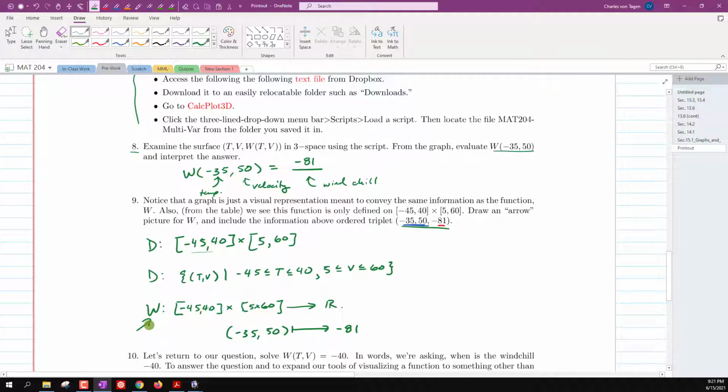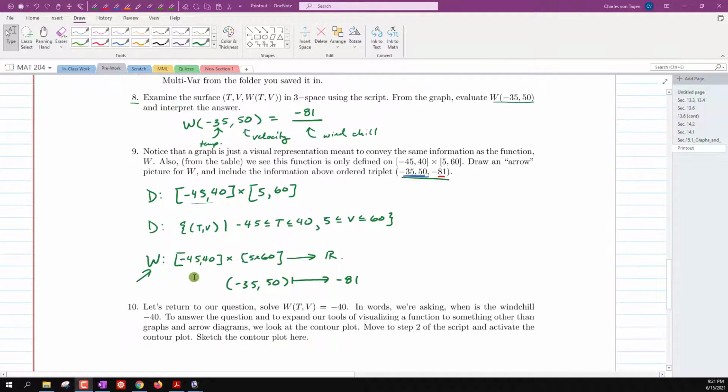Okay. So hopefully that clarifies some of this notation that we're going to use for domain for our multivariate functions. And now I've got one more topic that I want to look at, and this is the important topic of contour plots. So earlier I asked you on the previous page, I said we want to talk about all of the t, v ordered pairs that will output a wind chill of minus 40.